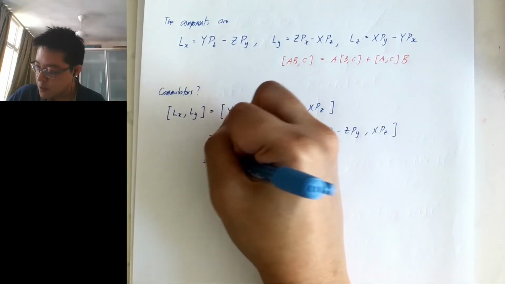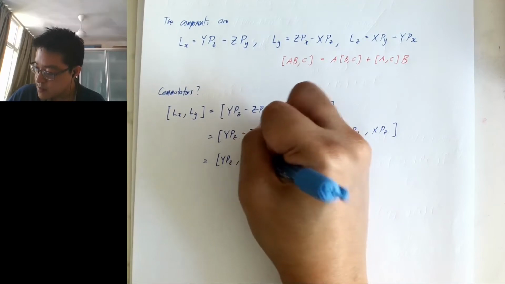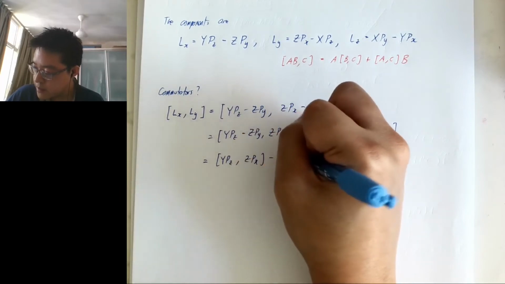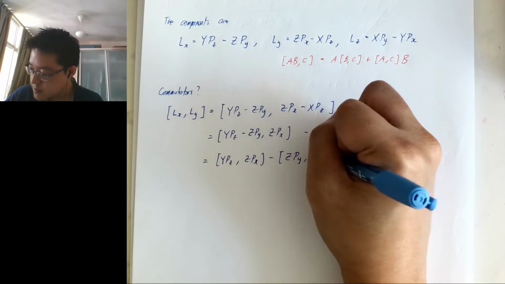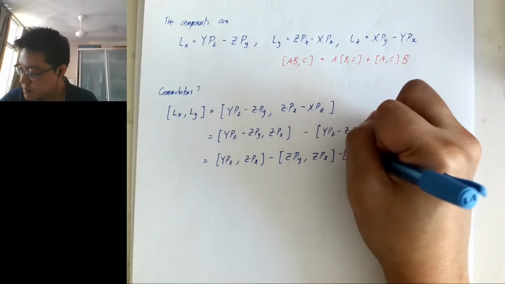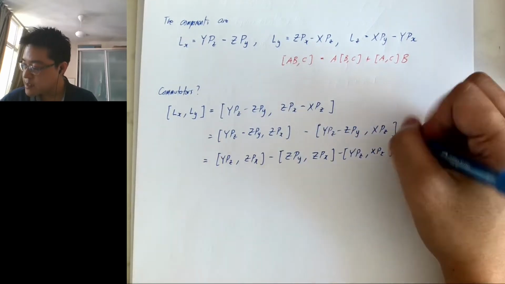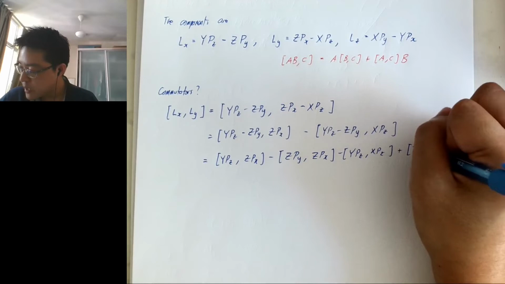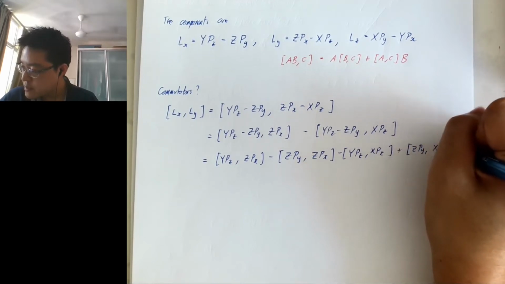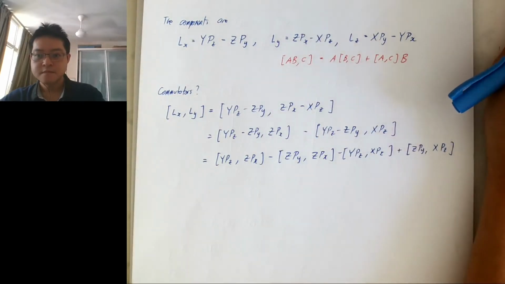So this is ypz commute with zpx minus zpy commute with zpx. The first term is ypz commute with xpz, and then minus minus gets a plus, zpy commute with xpz. Everyone follow so far?